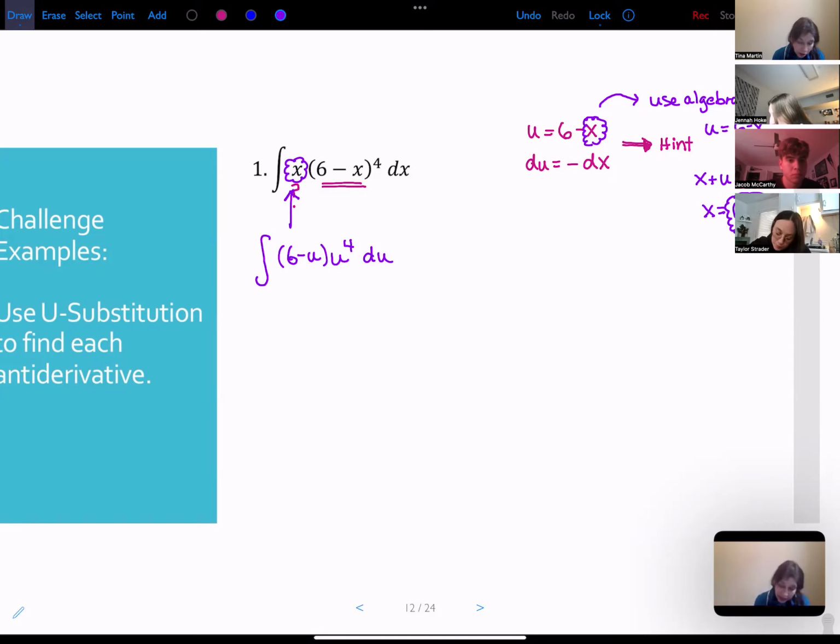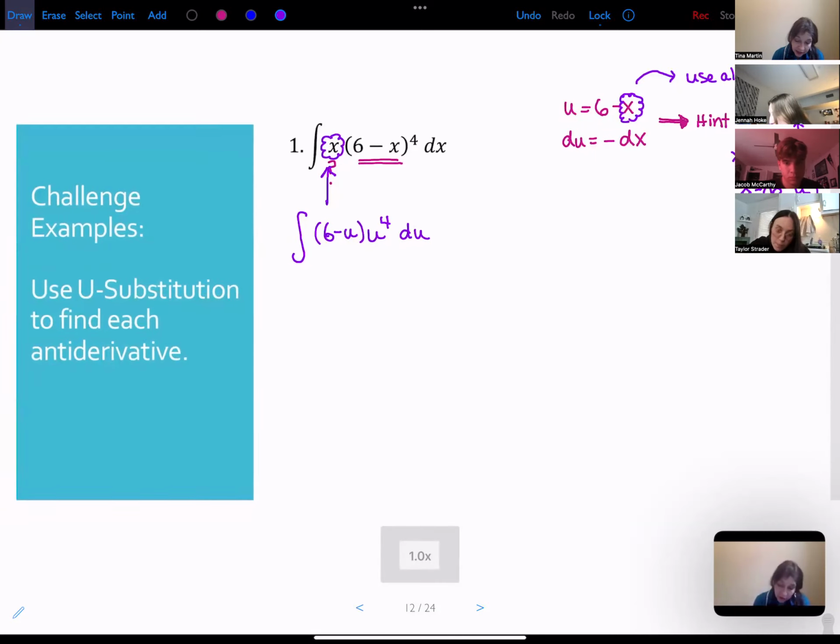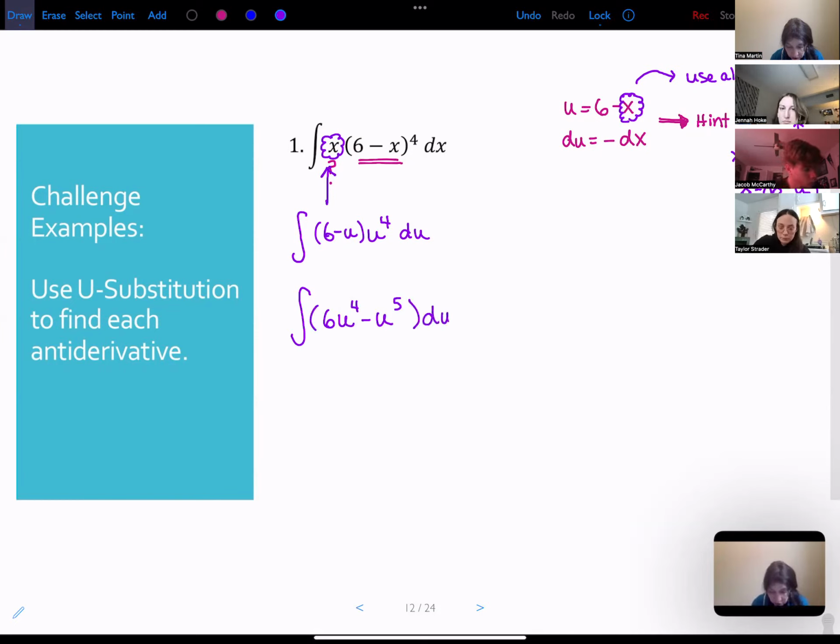You're not going to follow it right now because you're just seeing it, but you're going to want to work it through with your hands and your brain and finish that problem, because you're going to multiply through, since u to the 4th times u gives us u to the 5th. And then you would finish it. You take the antiderivative and go down.